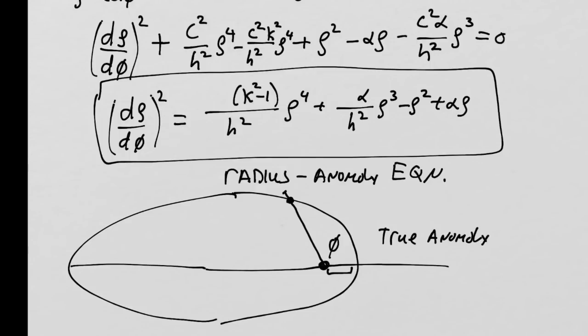But it's called the true anomaly. So this is the radius anomaly equation. It is presumably the radius as a function of the anomaly, where this is our gravitating star. This is some orbit around the star, which we're presuming for now is elliptical, but we don't know that. I mean, this isn't going to have conic functions as the result. This is not going to solve to be parabolas and ellipses like your regular inverse square law in mechanics will. But we're going to borrow all of this language. So we still have this radius anomaly equation, and this is it.